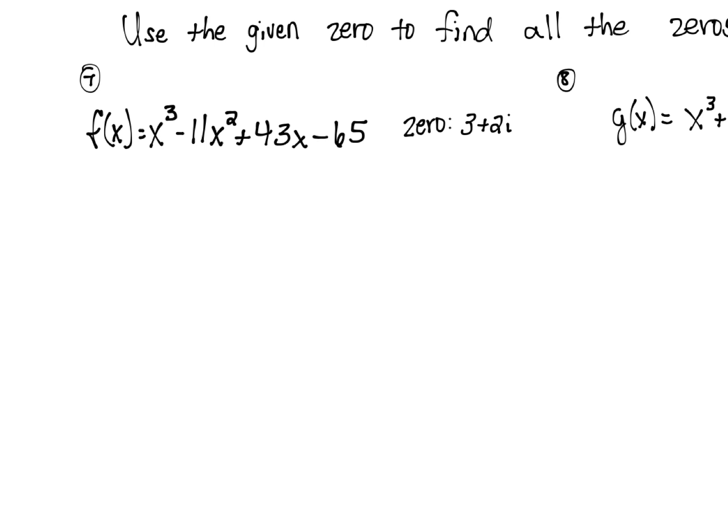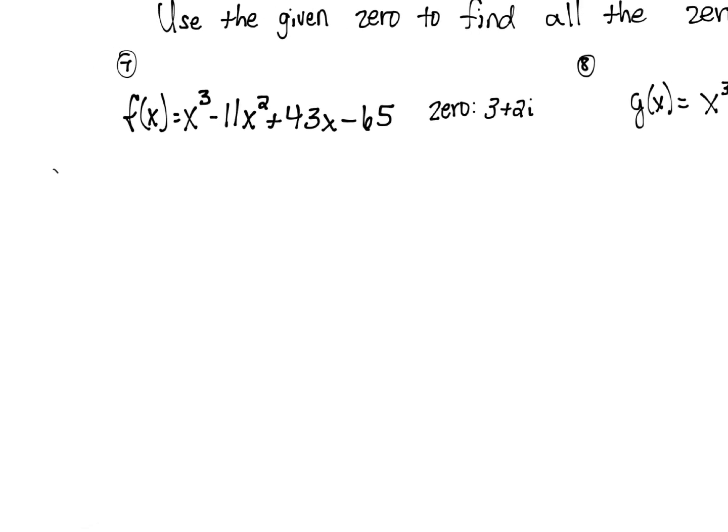The only way for us to be able to solve this, because it's an imaginary number, is to first find what the zeros are, like the real number would be. So I have x is equal to 3 plus 2i and 3 minus 2i, so this is going to become x minus 3 minus 2i, and this is going to become x minus 3 plus 2i.